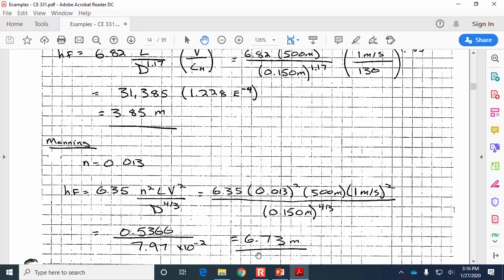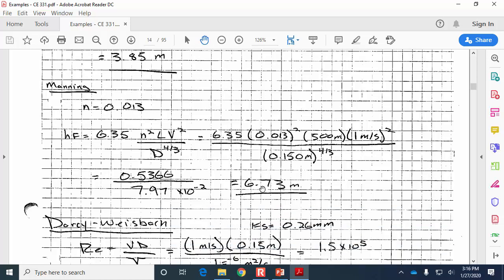So the reason why Manning's equation is exaggerating the head loss is it's really intended for flow that's open to the atmosphere at the top, where there's going to be less contact with a surface that's providing resistance.